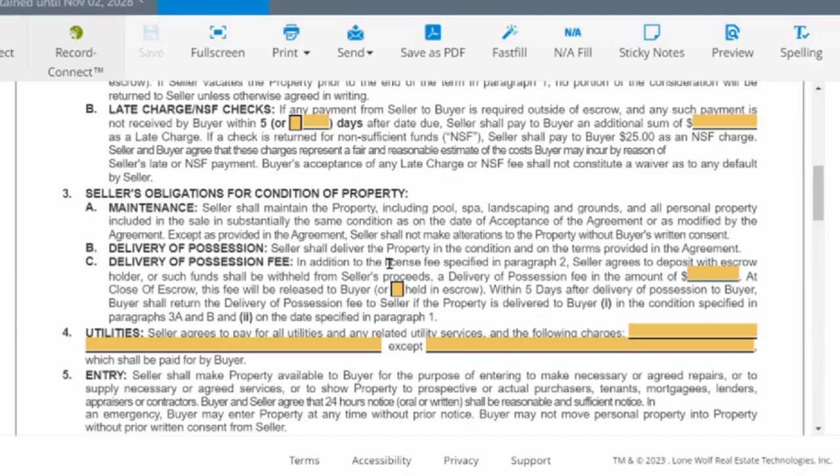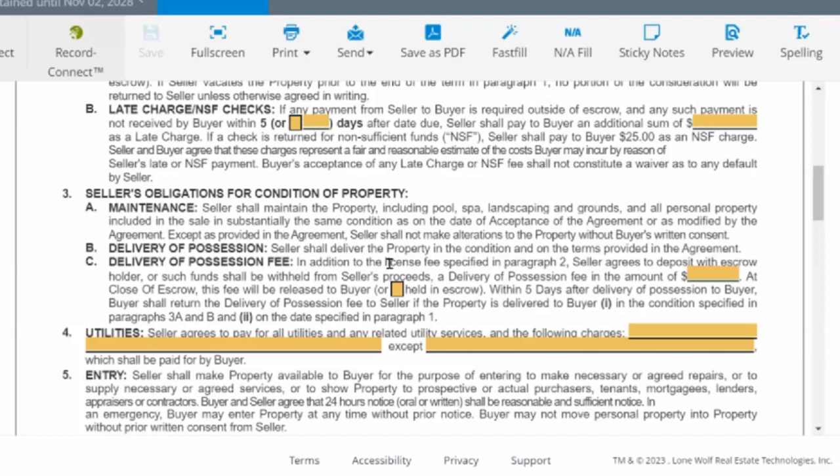And then the other thing that they can agree on is there a delivery of possession fee? And so in my mind, the delivery of possession fee is similar to a deposit, like a security deposit.